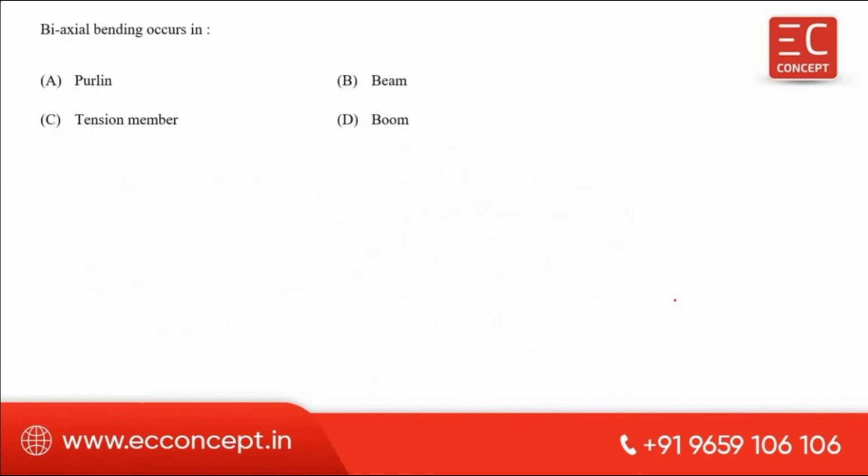Okay. Now next question is a very interesting question. Biaxial bending occurring. Answer for this question is a purlin. Purlin is a beam element which is used to support the roof cover. And this purlin is subjected to biaxial bending. Okay, tension member is not subjected to any bending.